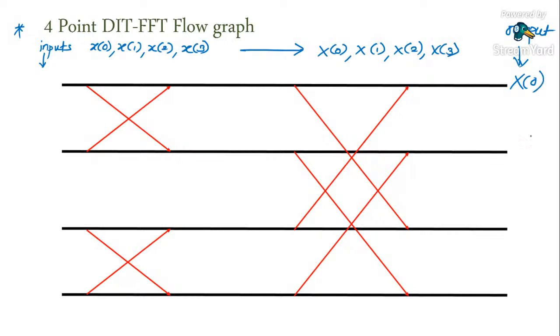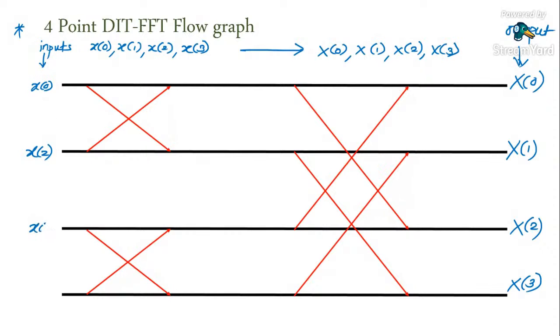So you will get the output like this. First value will be x of 0, second value will be x of 1, third value will be x of 2, and fourth value will be x of 3. But inputs you cannot write in order. Those are out of order. So you have x of 0 as the input, then x of 2, because it is divided based on even and odd terms.